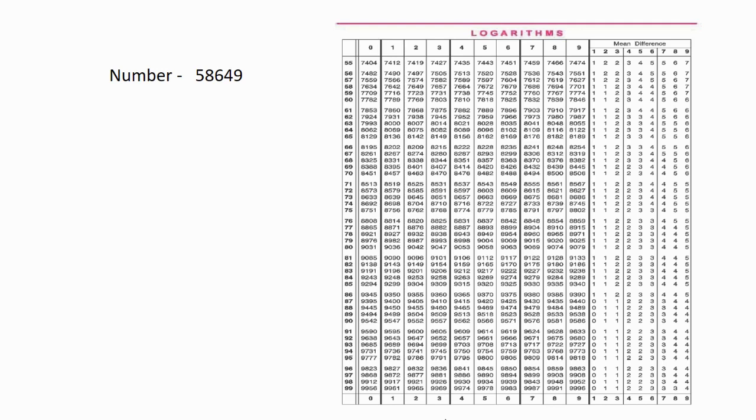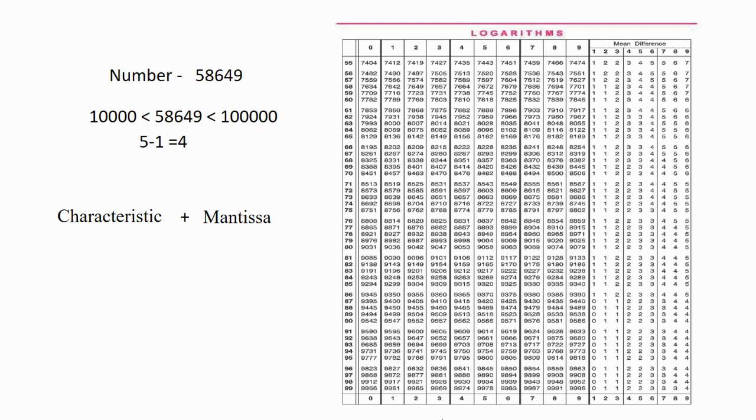Initially we find its characteristic, and then its mantissa. The given number lies between 10,000 and 100,000. So to find its characteristic, we take the number of digits as 5, subtract 1 from that, and we have the characteristic as 4.